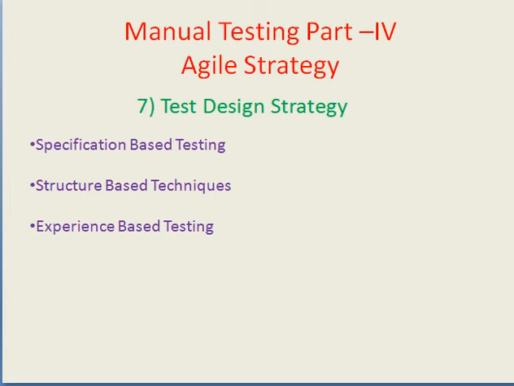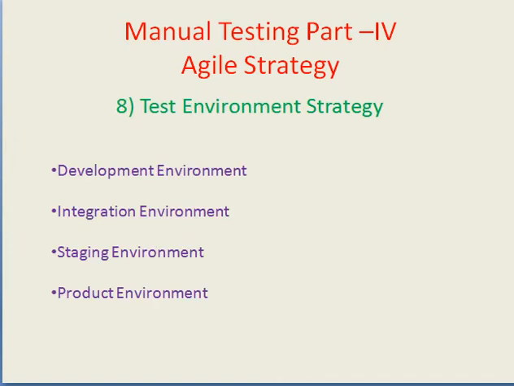Then the next section is the test environment strategy. So here you can specify all the different environments you will use in testing. First is the development environment, which you can specify will be used for unit testing, functional testing, and acceptance testing.